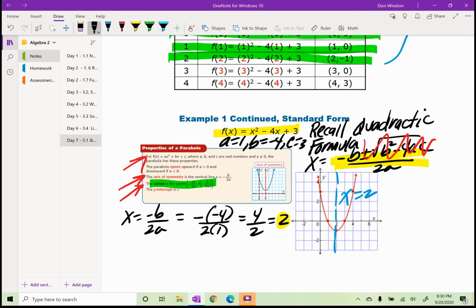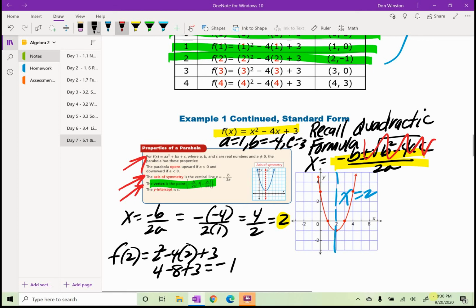So I'll evaluate that function at 2. f of 2 will equal 2 squared minus 4 times 2 plus 3, which equals 4 minus 8 plus 3, which equals negative 1. And you clearly see the vertex there: 2, negative 1. So if given that problem and you had to graph, that's what you would do to find the vertex, the place you start.